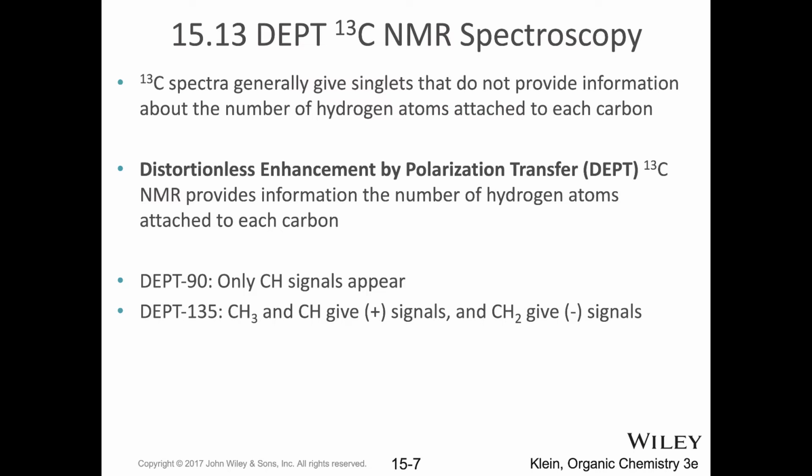So if any of those peaks in your original decoupled C13 spectra are due to a carbon with anything but a single hydrogen on it, those signals will disappear. And so the only signals that remain in a DEPT-90 spectra are the carbon signals that are due to carbons that have 1 hydrogen on them.